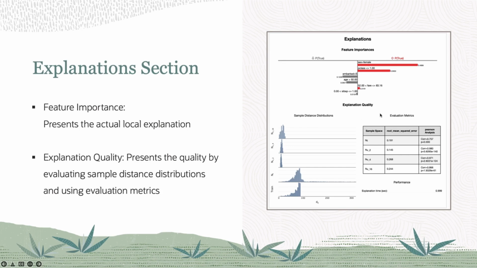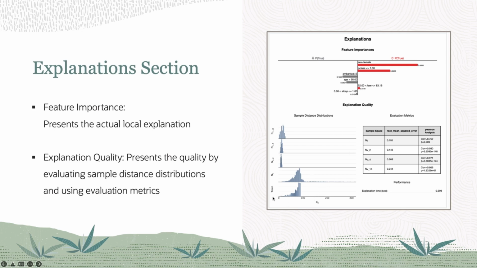The next section is explanation quality. This section presents the quality by evaluating sample distance distributions and using an evaluation matrix. The sample distance distribution presents the sample distributions used to train and evaluate the local surrogate model based on the distances, probably the Euclidean distances, of the generated samples from the sample to explain.